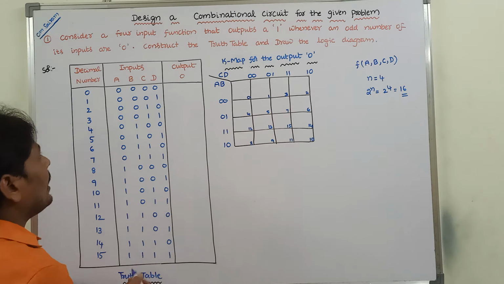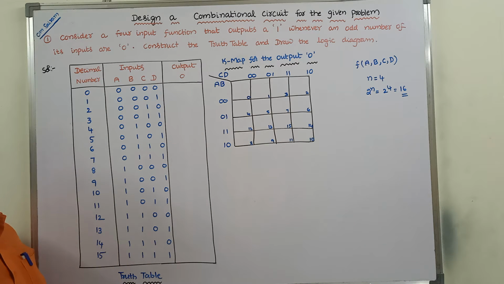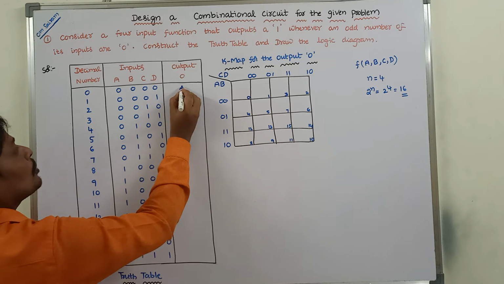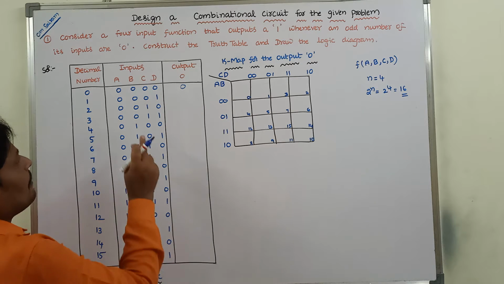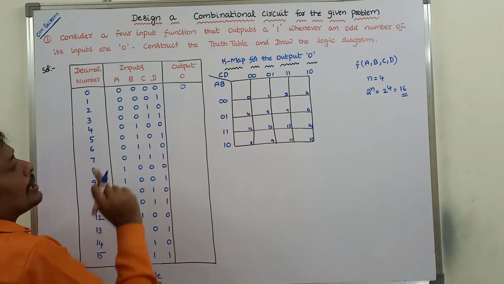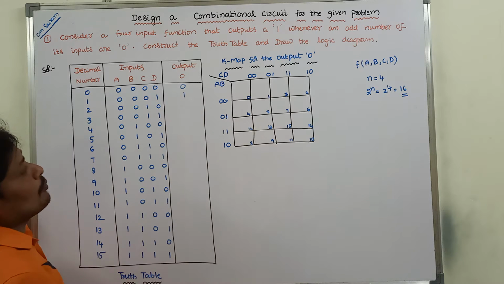How many zeros are there in the first combination? 4 zeros. 4 is an even number, so the output is 0. Next combination: 3 zeros. 3 is an odd number, so the output is 1.